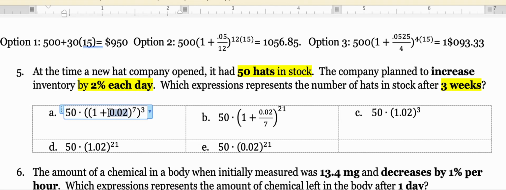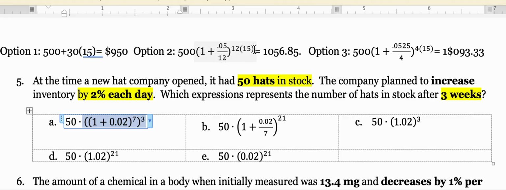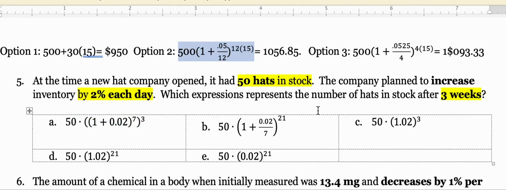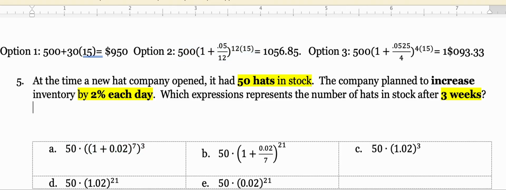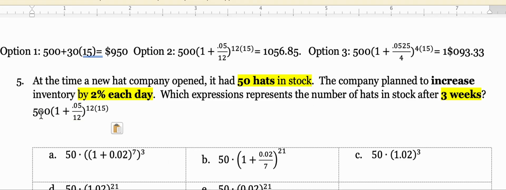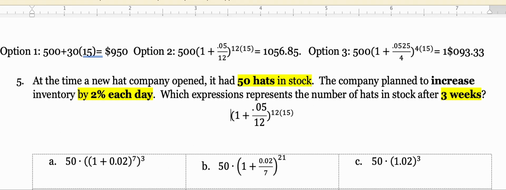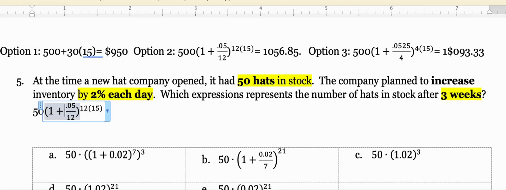So my problem with this is there is no N there. So it's not going to be this one, because remember our equation is going to look like, okay, and I'm just going to change stuff around. 50 hats is our initial. We have 2%, and it's 7 days a week, and we have 3 weeks.